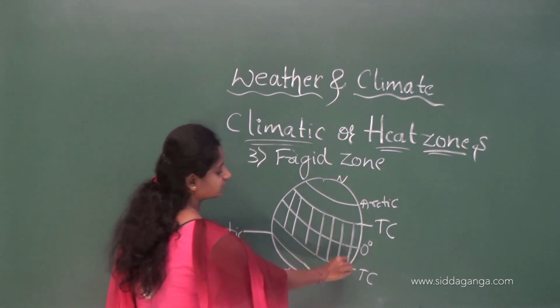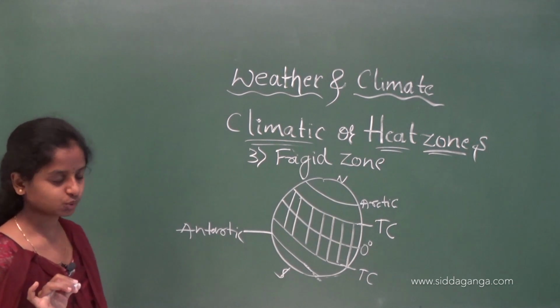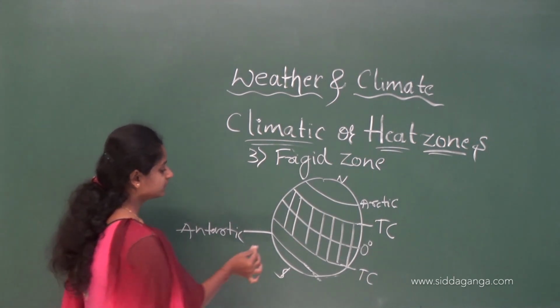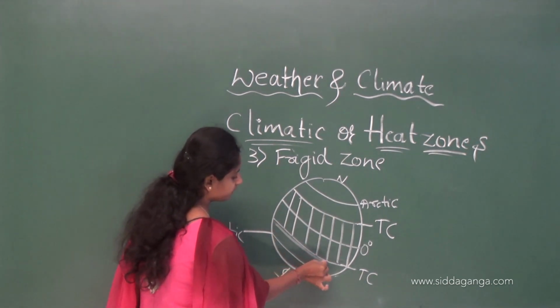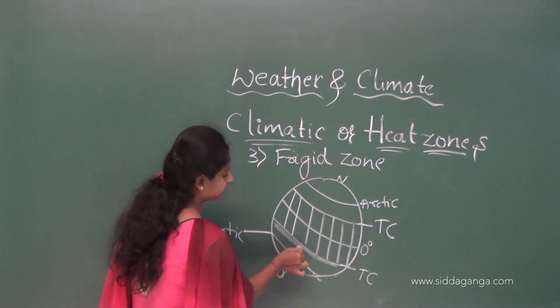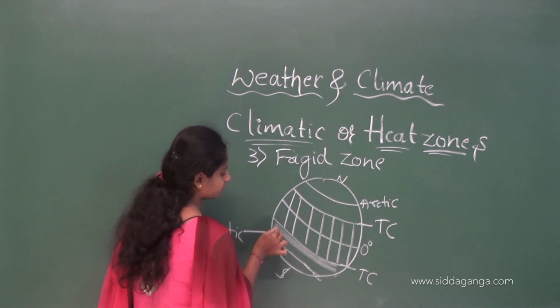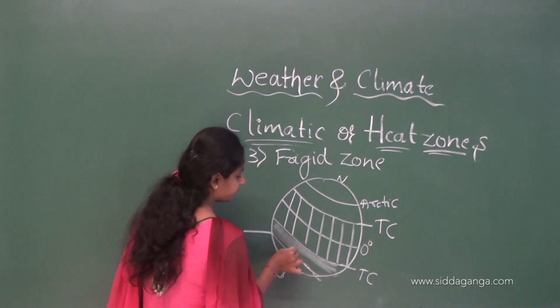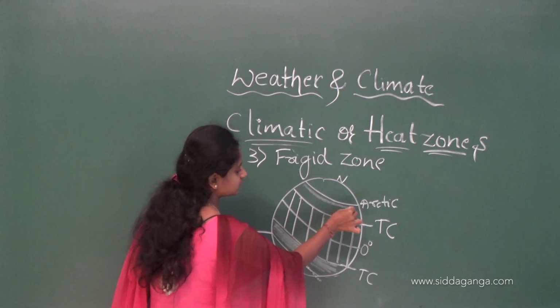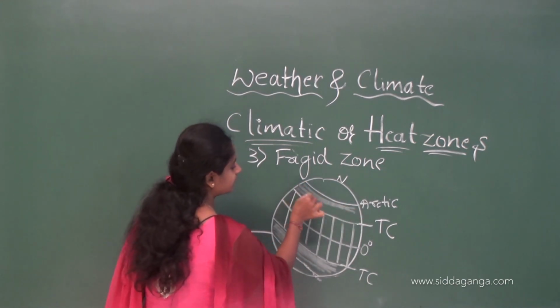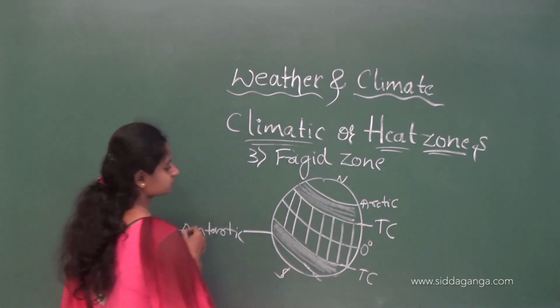this zone is the Torrid Zone, and this zone which lies between the Torrid Zone and the Frigid Zone is known as the Temperate Zone. So, this is the Temperate Zone.